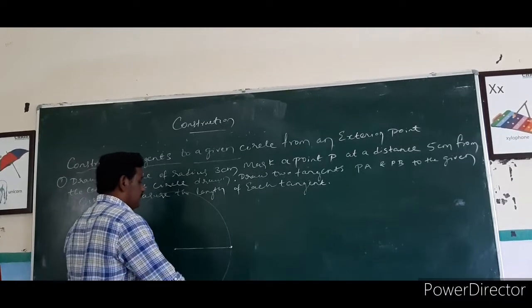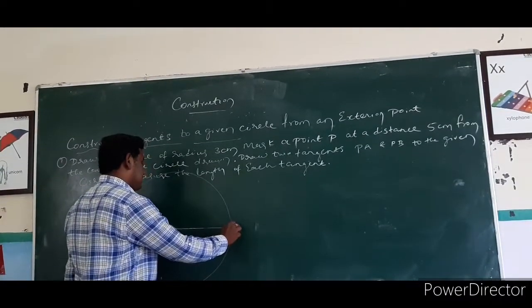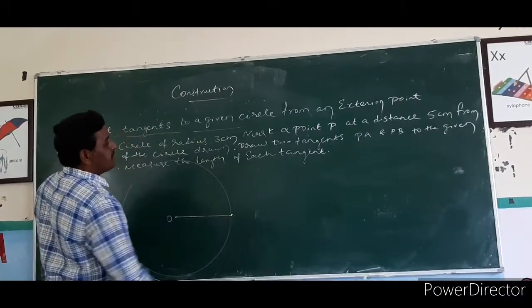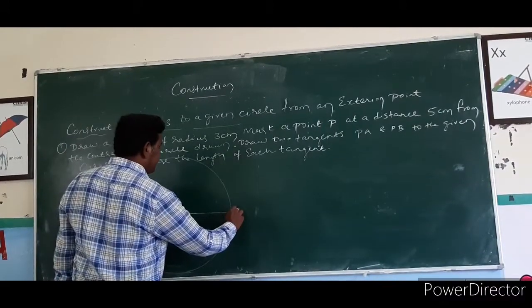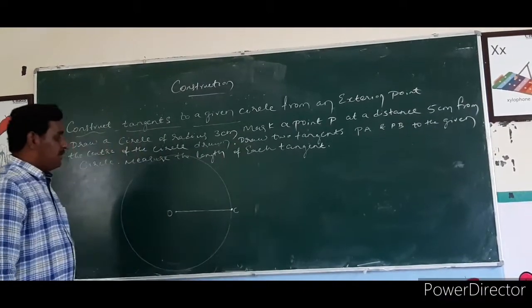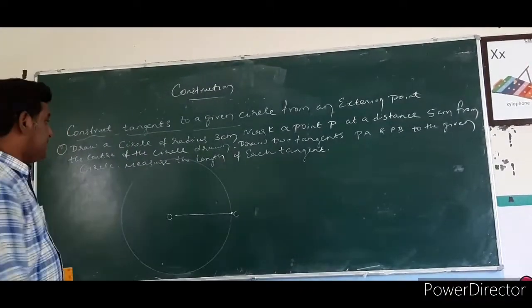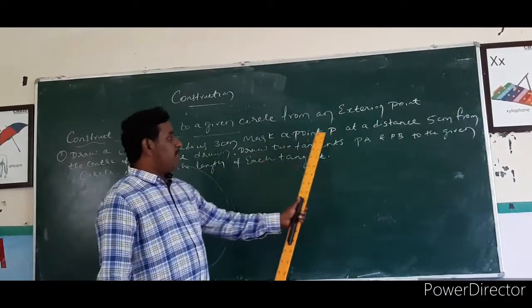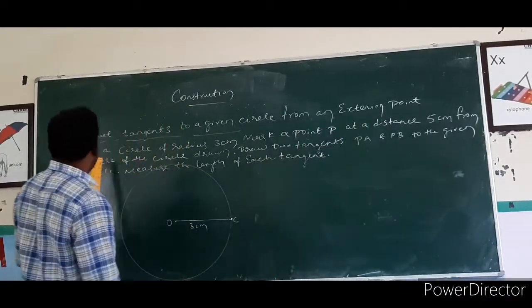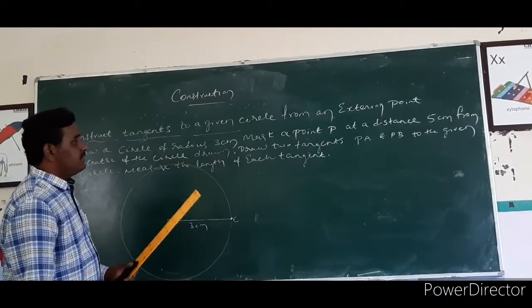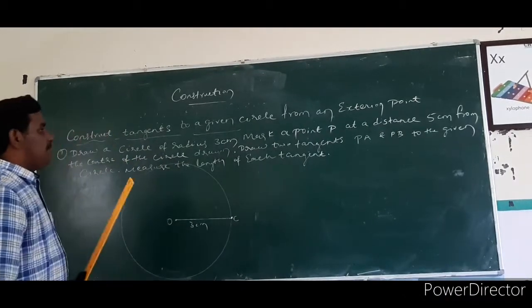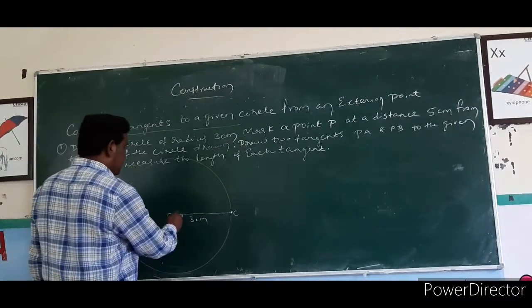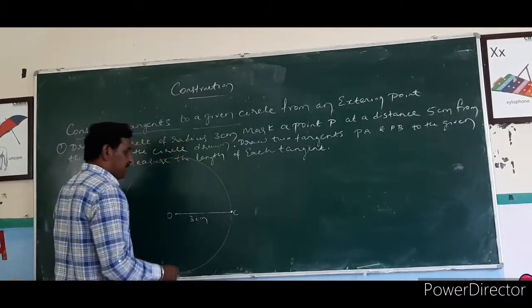Consider the point O, or any point C, and extend the line. This is 3 centimeter. So where is the external point? Mark a point P at a distance 5 centimeter from the center of the circle drawn. From the center to P is 5 centimeter.